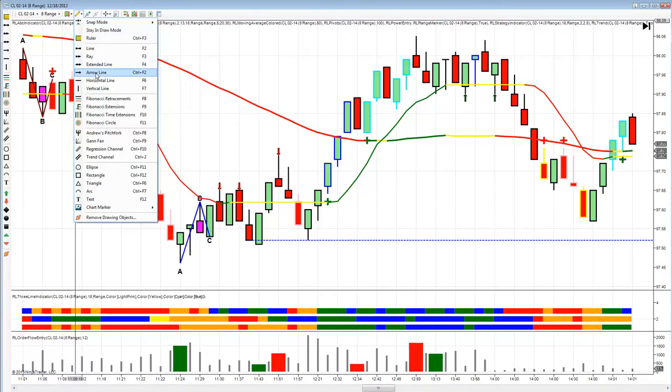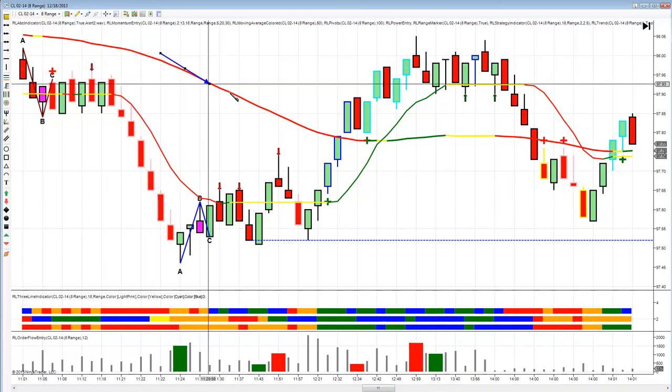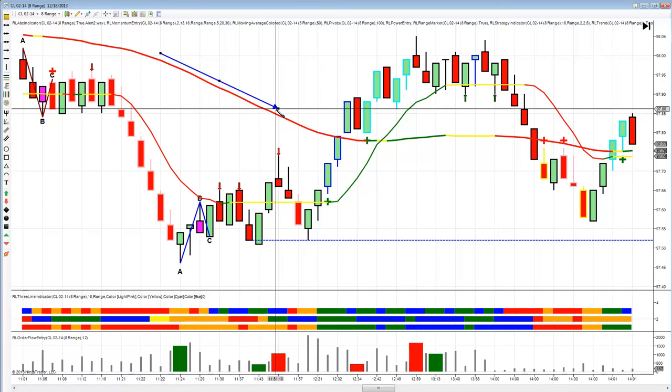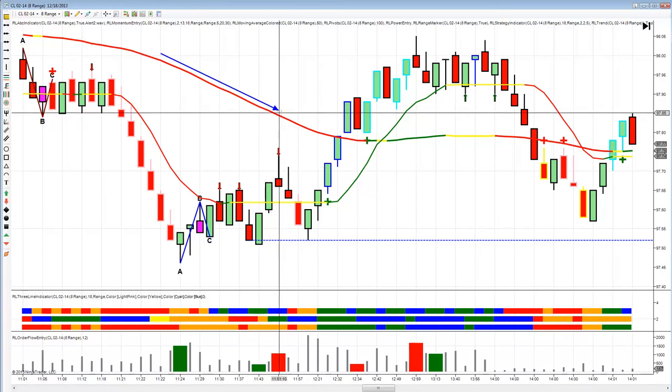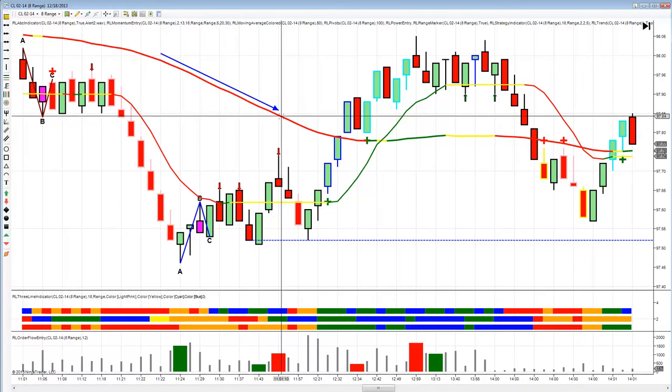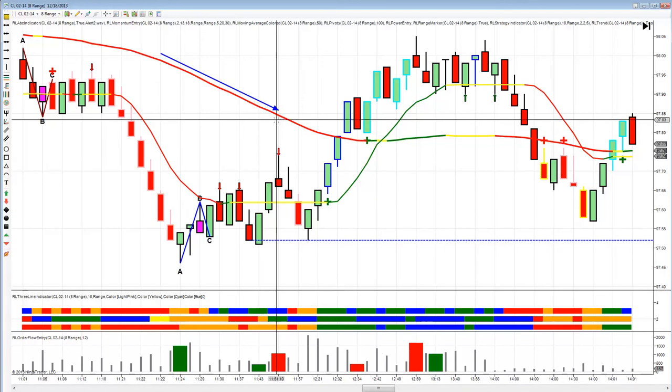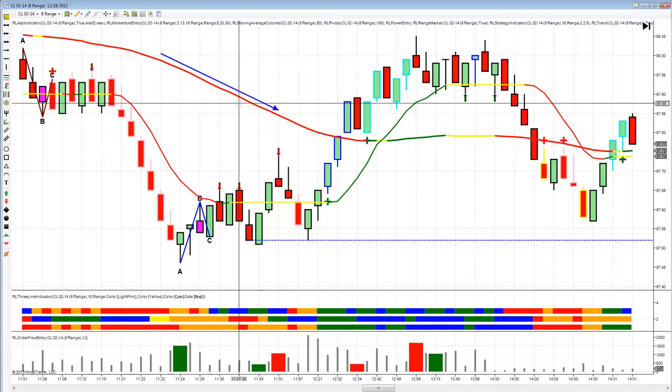If the 50 is moving in the direction of our trend trade, that's going to significantly enhance the success of the trade. The predictive value of the signal will be much greater, and the probability that we're going to get to our first target is going to be much greater. So we want to trade in the direction of the 50 as a general rule for all of our trend trades.